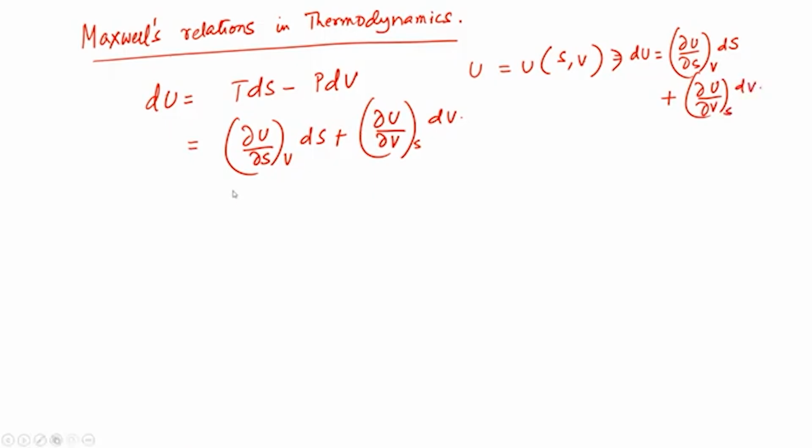So, we identify from here that the temperature T is (del U/del S) at constant V, and the pressure P is equal to minus (del U/del V) at constant S. This has been done, but let me still do that. Okay, so these are known to us.